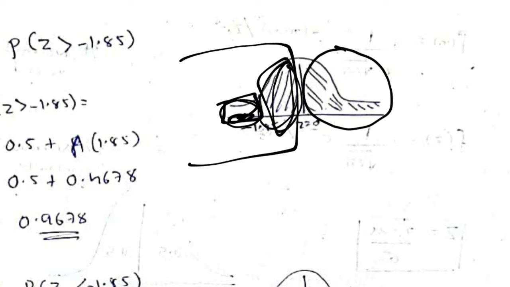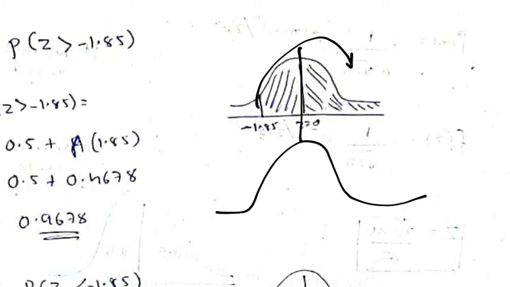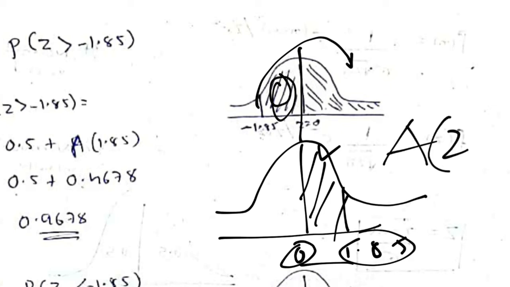How can we get this area? It's symmetric, right? So you can take this on the opposite side also, so it will be like this. See here, 1.85. This area is equal to this area, from z equal to 0 to 1.85. This area is the area of z from 0 to 1.85, that is A of z, which is A of 1.85.